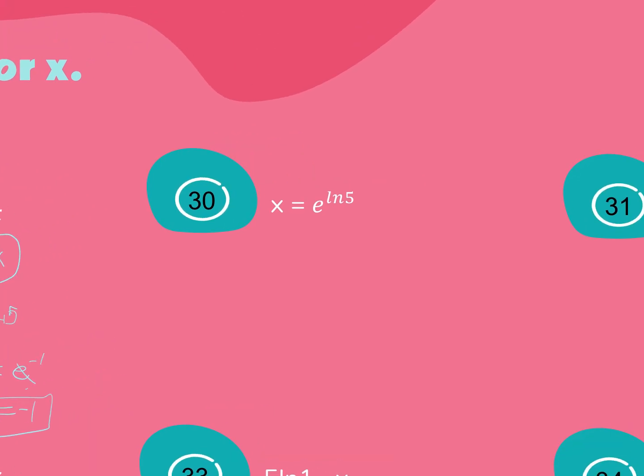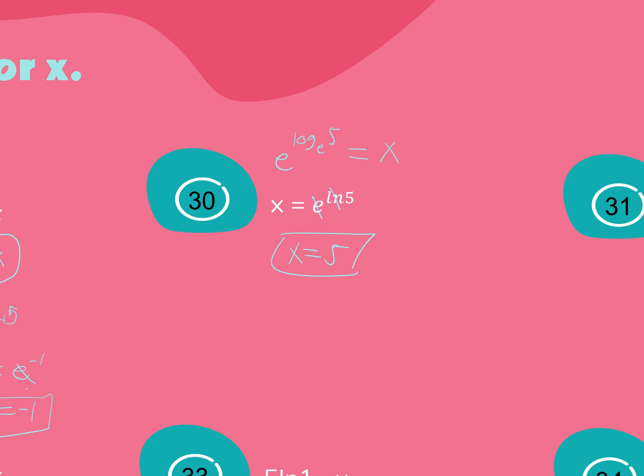Number 30, same thing, except you have a property: e to the ln is always going to cancel out. So we get x equals 5. That's always going to be true if you have the same base. If you didn't recognize that, you can change it to log base e of 5, and then hopefully you can see that you have the same base.